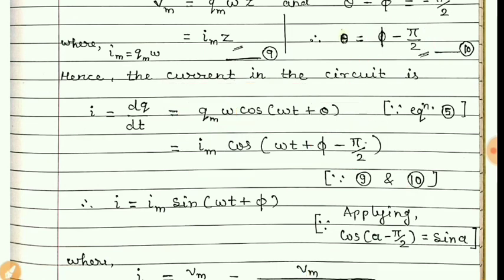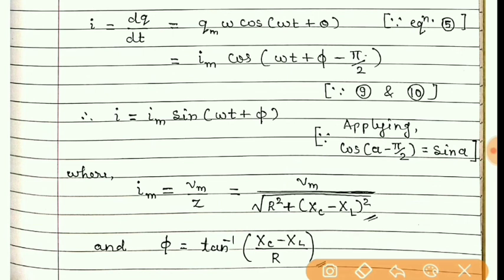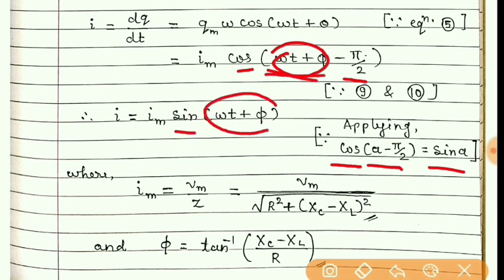Then once again, cos(a minus pi by 2) is equal to sin a. So here also cos, this is your a, minus pi by 2 is equal to sin a. So this is sin and a is nothing but omega t plus phi.